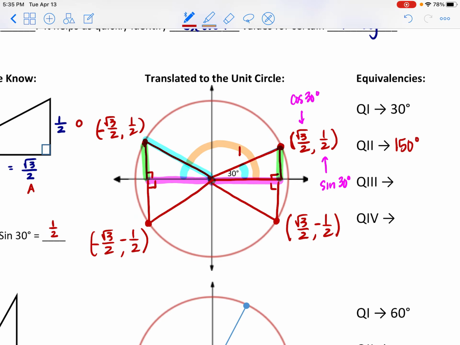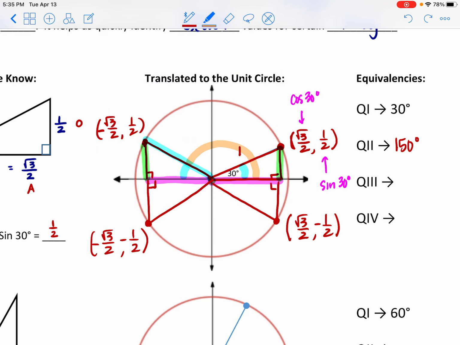Okay? Now the reason that's important to know is because if I said, what's the sine of 30 degrees, I can see right here in the coordinates that my sine of 30 degrees is 1/2. Well, if I asked you for the sine of 150 degrees, it's the same exact thing. It's 1/2, right? Or if I said, what's the cosine for 30 degrees?